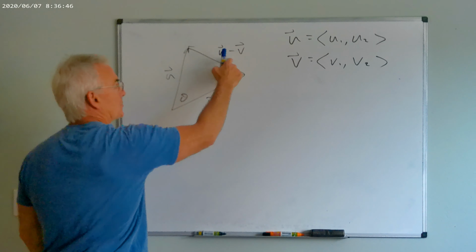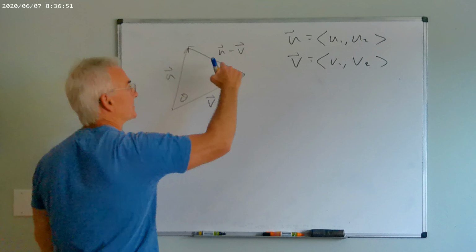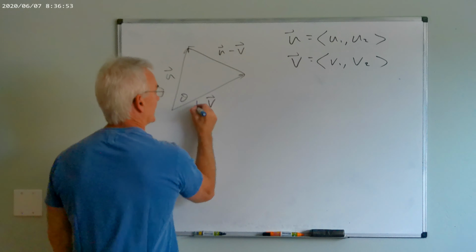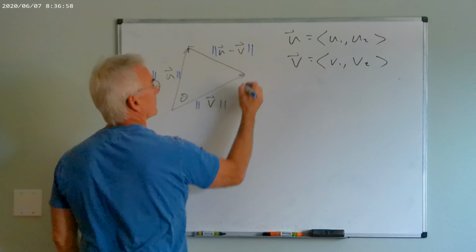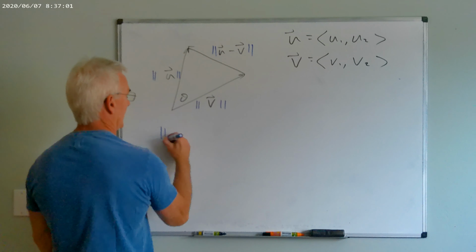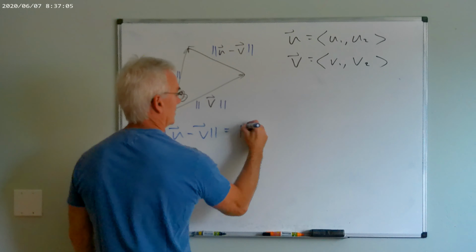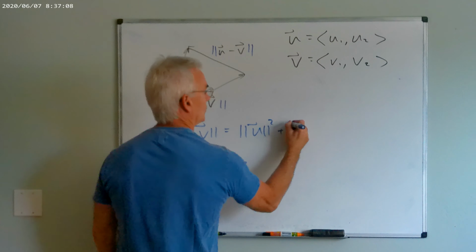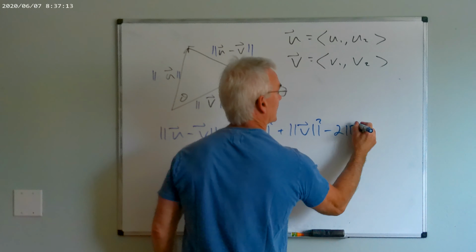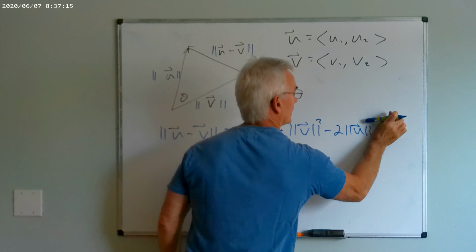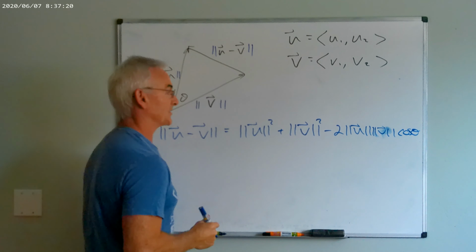So I have a triangle with a similar situation as before, so based on the law of cosines, if I consider the lengths of these, I would see that the length of u minus v squared is equal to the square of the length of u plus the square of the length of v, minus 2 length u, length v, cos theta. Same as before.